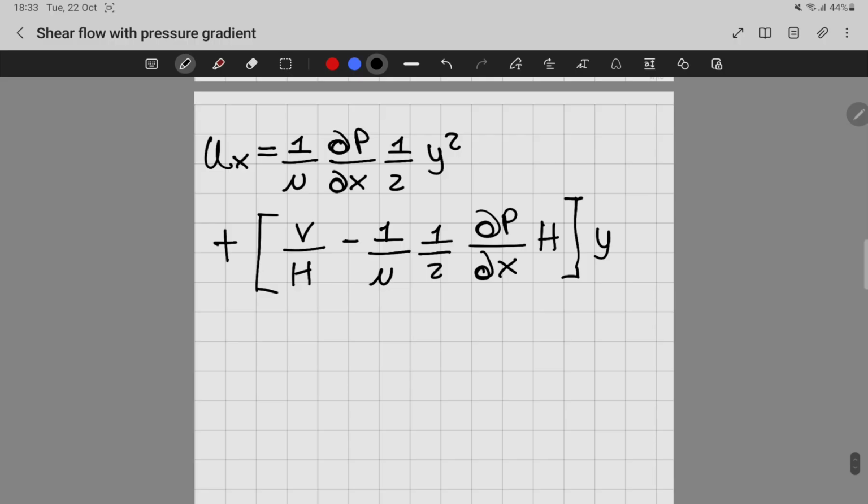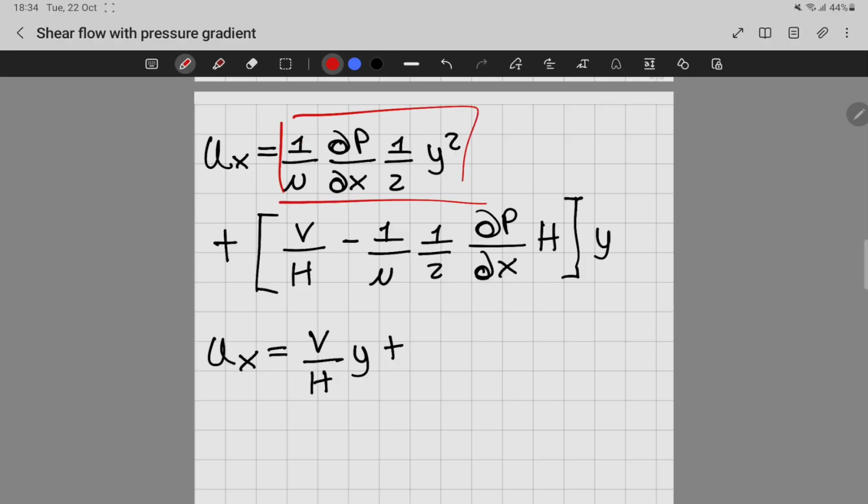Now let me rearrange this equation. So let's write it like this. You can notice that here we have similar terms. So I'm going to arrange all these terms into a single term. So we will have something like this.